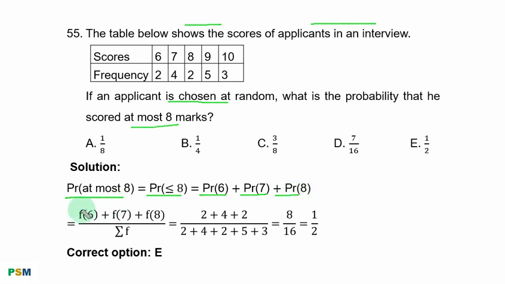That is frequency of 6 plus frequency of 7 plus frequency of 8 over sum of frequencies. You have this result, that is 8 over 16 equal to 1 over 2. The correct option is E.